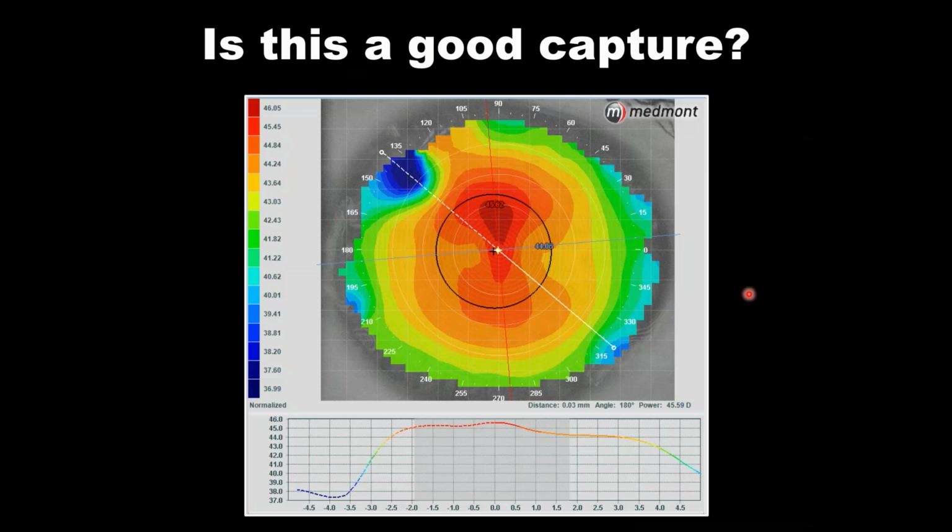Now, speaking of building a lens from the contact lens software, of course, that requires a good quality capture. And if you look at this topography, would you say that I've done a good job of taking this patient's capture? What we might look at is how the cornea has this very steep curvature across the center, normal for any cornea where the cap or apex of the eye is steepest.